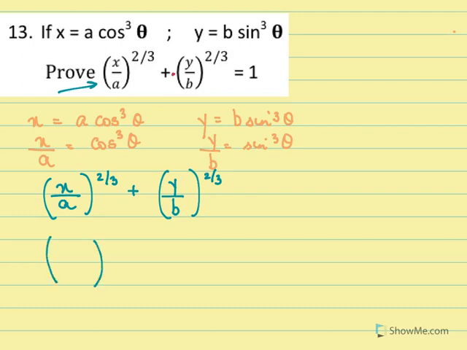So let's substitute the value of x over a and y over b. So x over a we see is cos cube theta, we got it here.